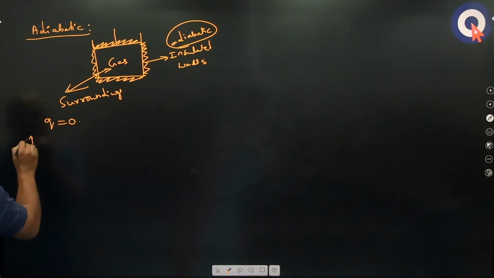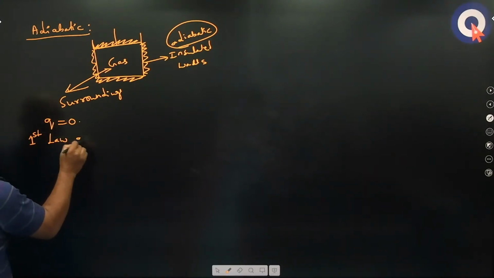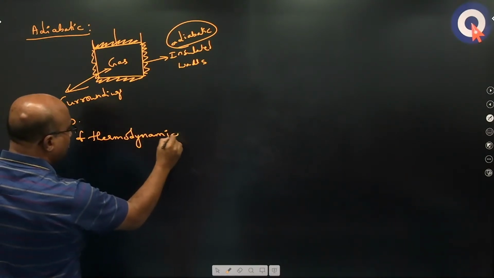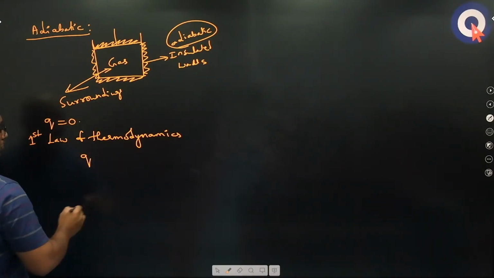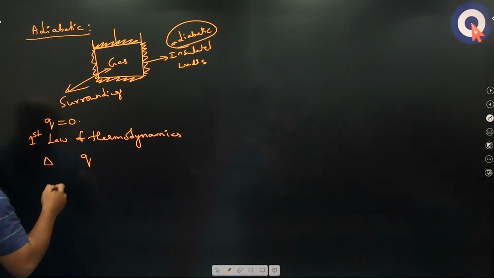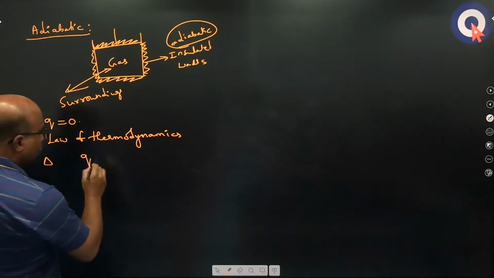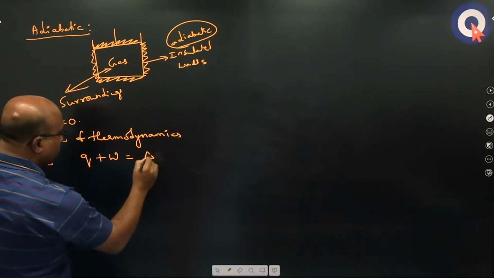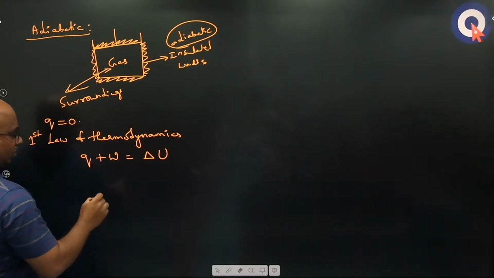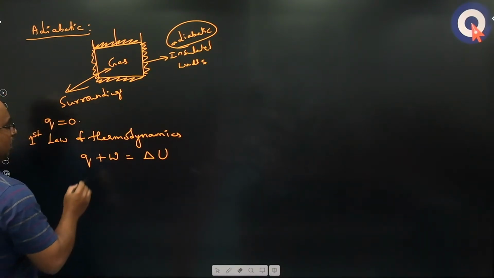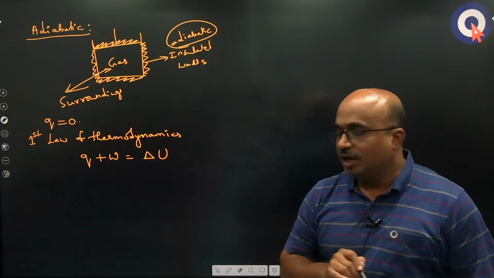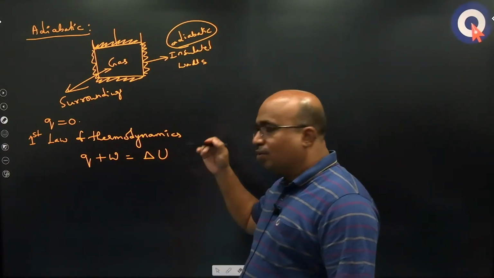But according to the first law of thermodynamics, in the chemistry convention, we write Q plus W is equal to delta U. This is the general convention, but the physics and chemistry conventions are a little bit different, where we write Q minus W is equal to delta U.